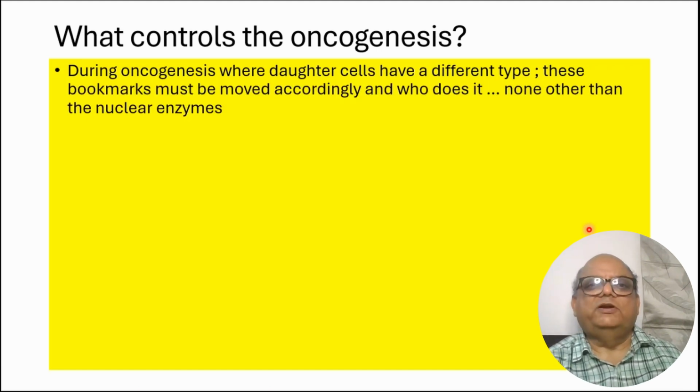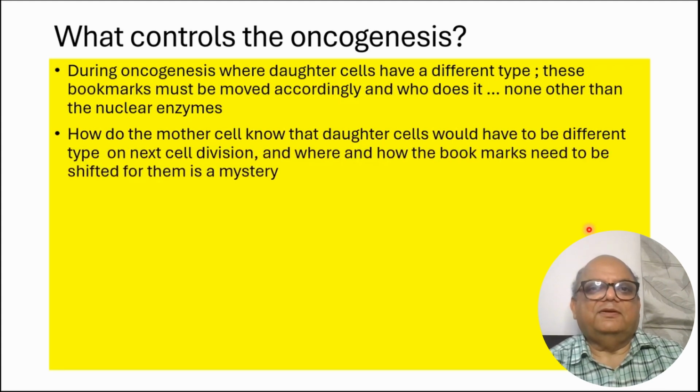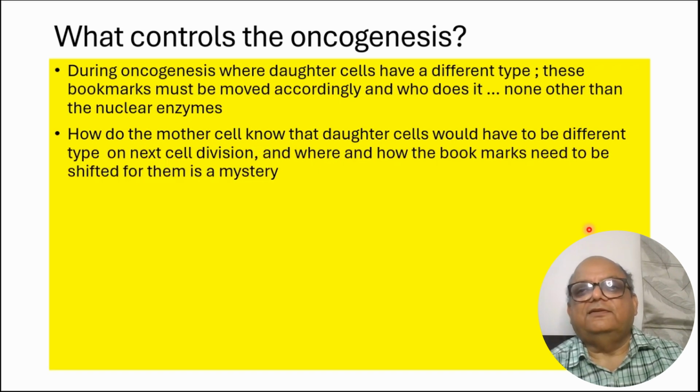How they do it is a gray area still. How do they do it so repeatably, so reliably, without hardly any error? How does the mother cell know that the daughter cells would have to be different, and different in what respect on the next cell division?